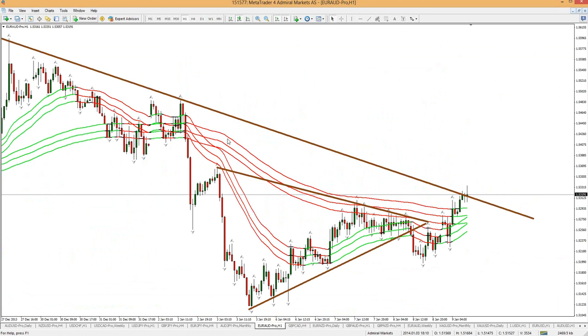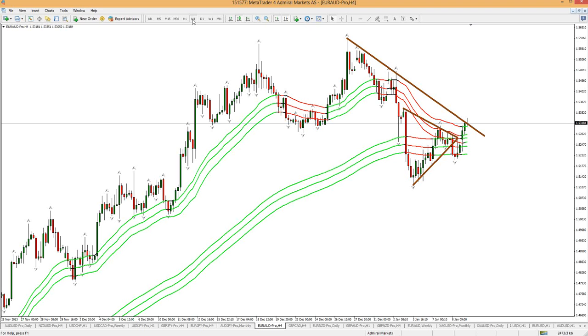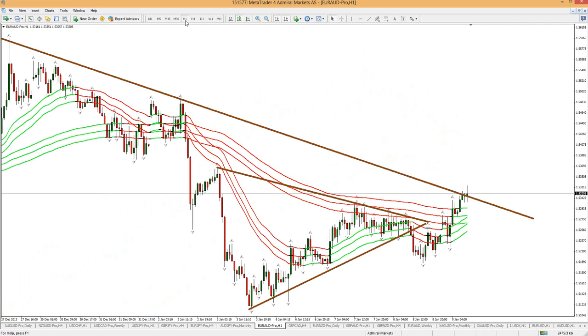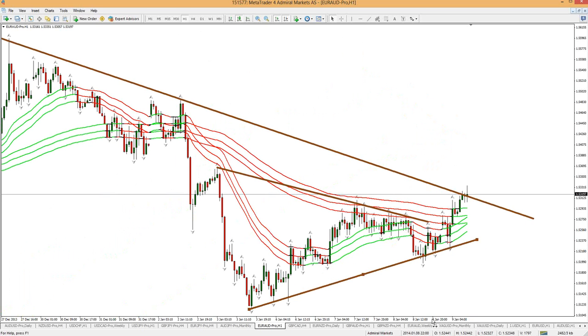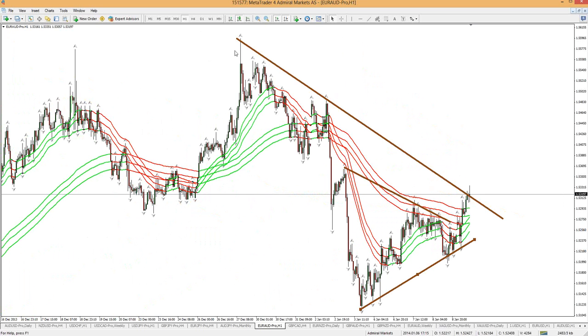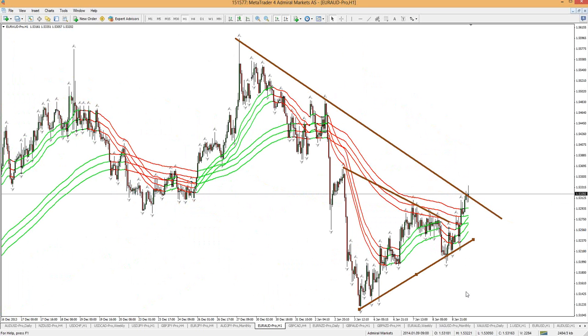How about this euro odd? Maybe we can take a look at that. That seems to be breaking up to the upside too, in fact. After a deep, deep retracement, it seems to be making a bit of a recovery. Right, this trend line maybe, it seems to be poking through it.